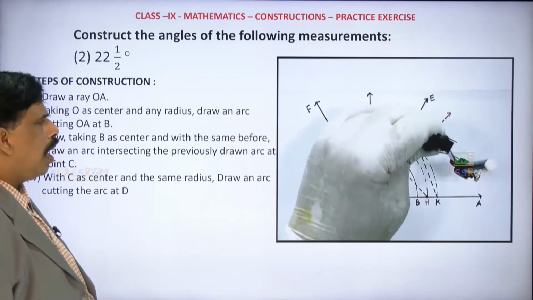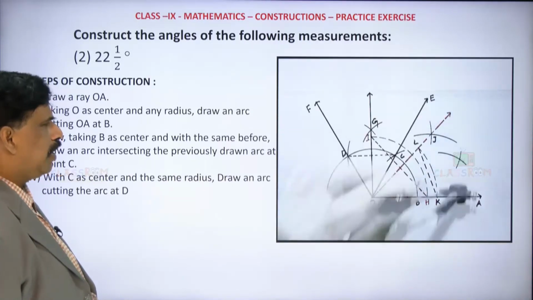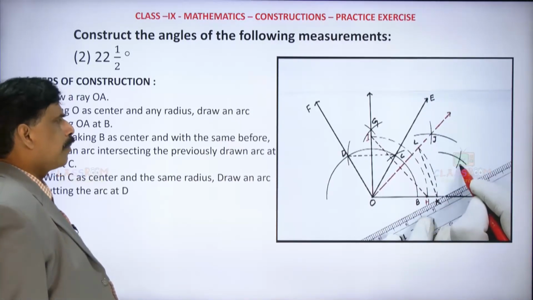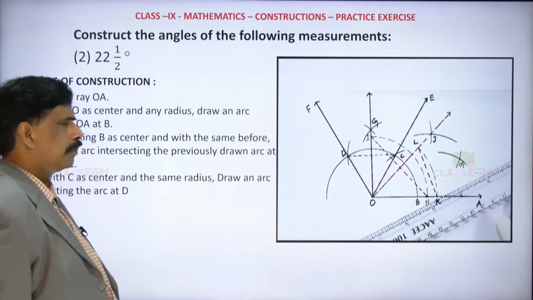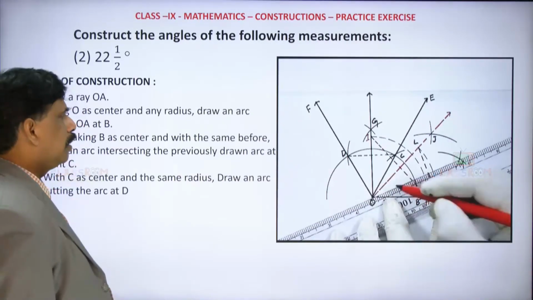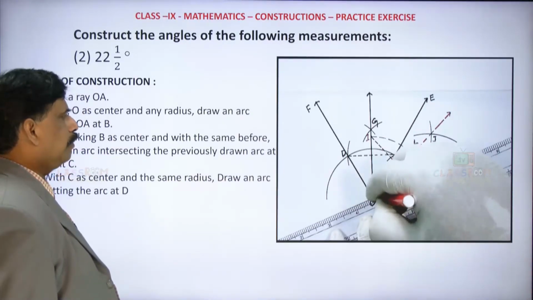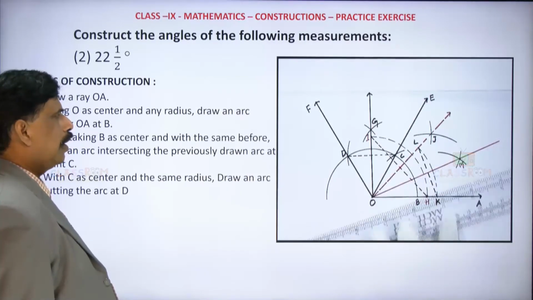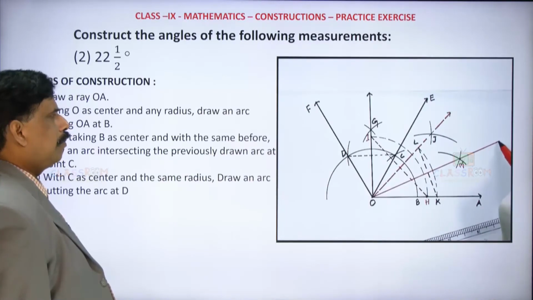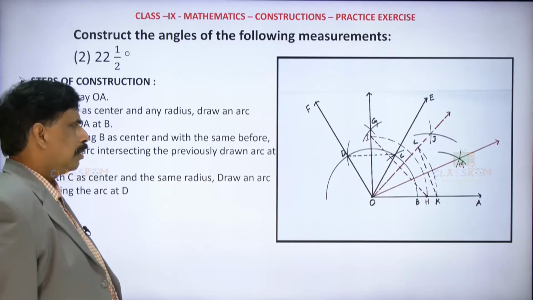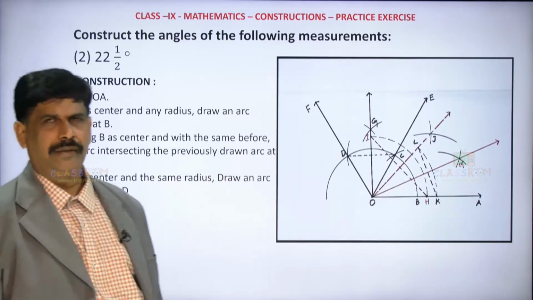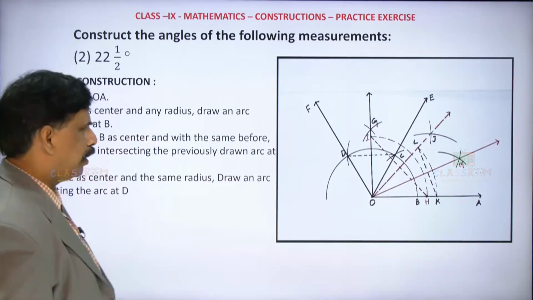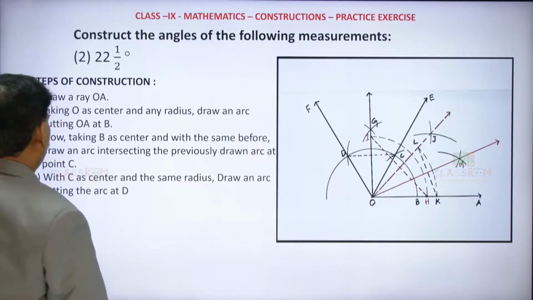So these two arcs intersect each other at M. Now join OM, such that angle AOM is 22.5. Is it clear, children?